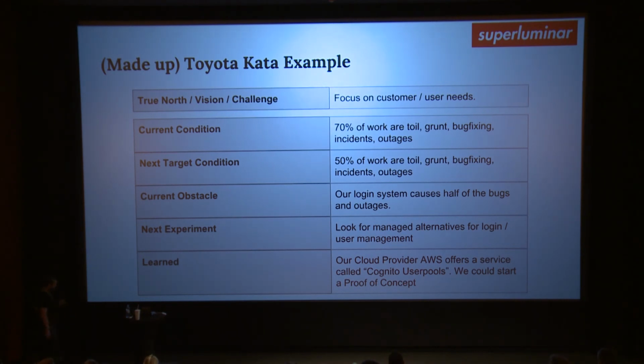Then they could go into the next iteration. After they learned it, they could maybe start a proof of concept on how to do it. And this is a really structured way. Usually there are templates for that, on how to fill in this stuff.